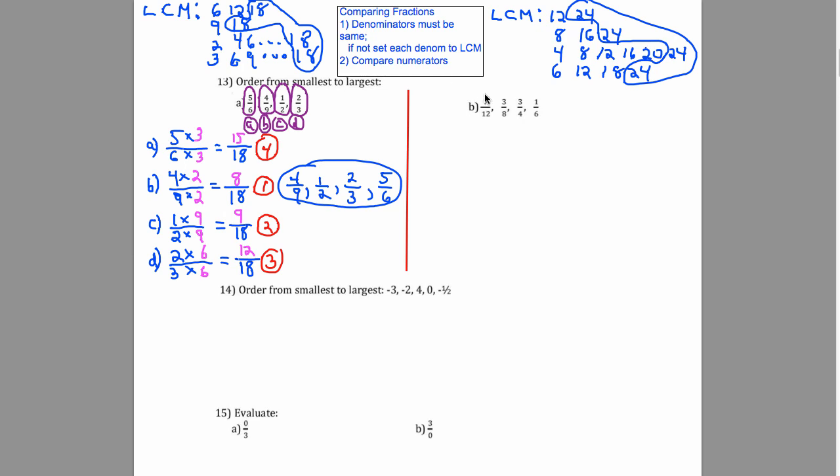Now let's label each of our 4 fractions. So let's make an equivalent fraction for fraction A, 7/12.